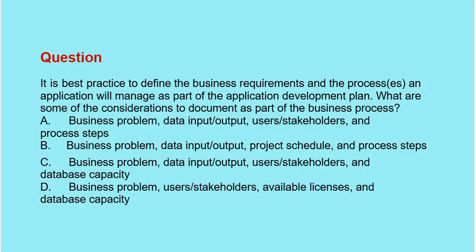Option B. Business problem, data input output, project schedule, and process steps. Option C. Business problem, data input output, users, stakeholders, and database capacity. Option D. Business problem, users, stakeholders, available licenses, and database capacity.